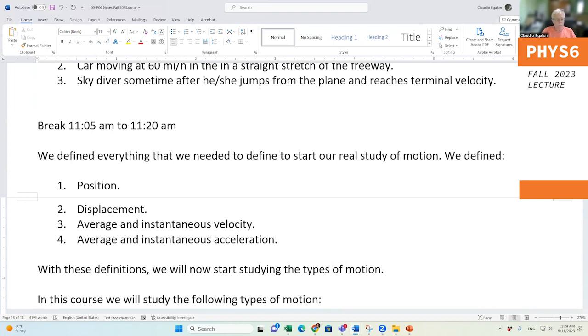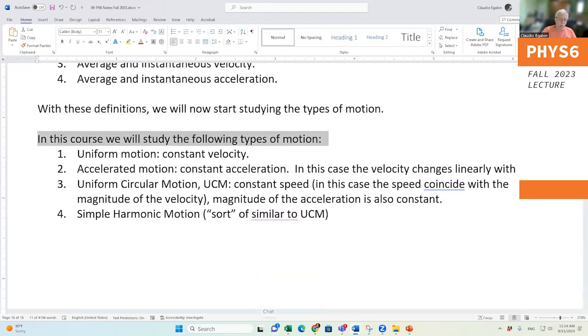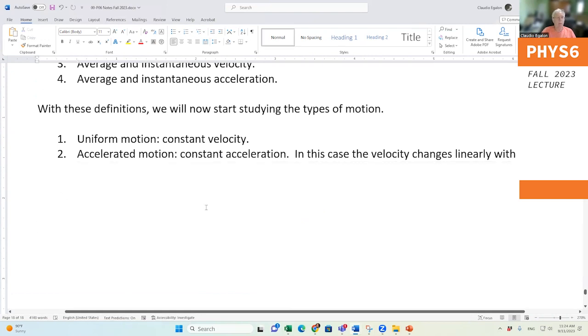Okay? We have four, maybe even more. You can define all sorts of motion, but the most important of them for now are those two: uniform motion, which is constant velocity.